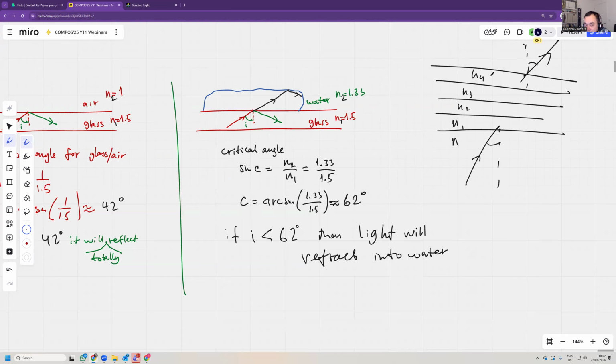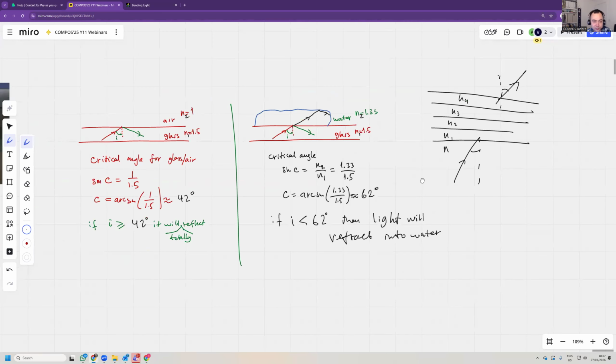It doesn't matter what the refractive indices are in the middle, if of course light is allowed to reach the other end. So if light reaches the other end, Snell's law will still apply with the first and last layer. We will see that with one of the next problems.